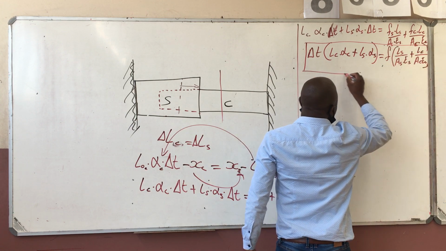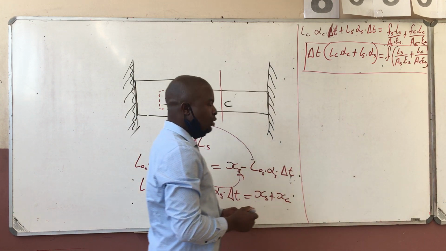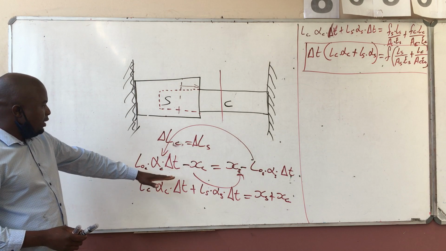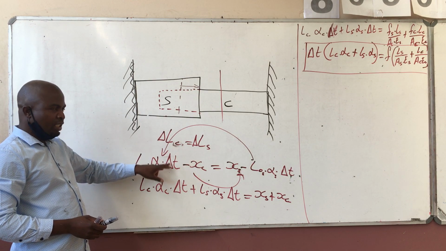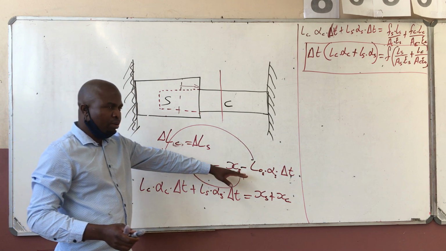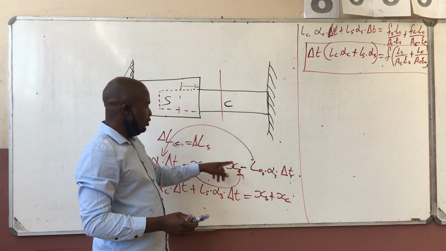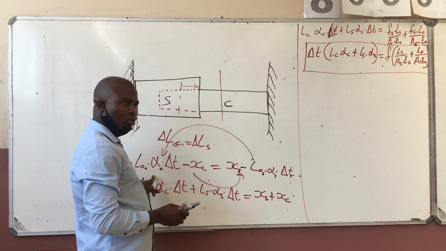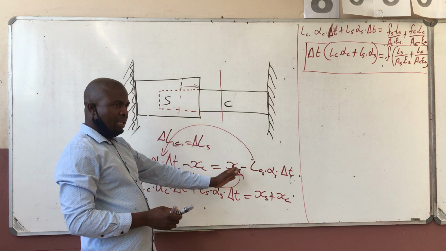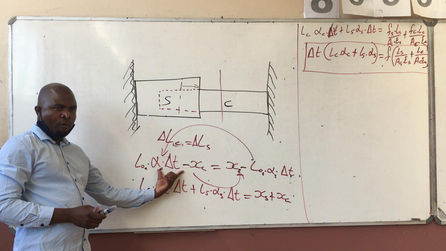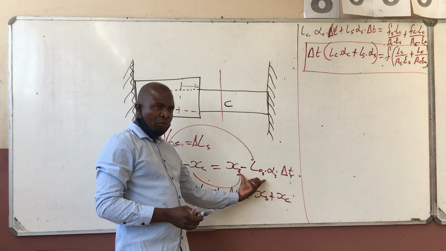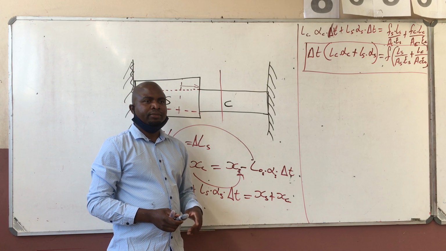There is no need of deriving the formula. As long as you know that you will use this formula to calculate your total change in length. And this one is your total change in length. This one is for the one which will expand more, and this one is for the one which will expand less.